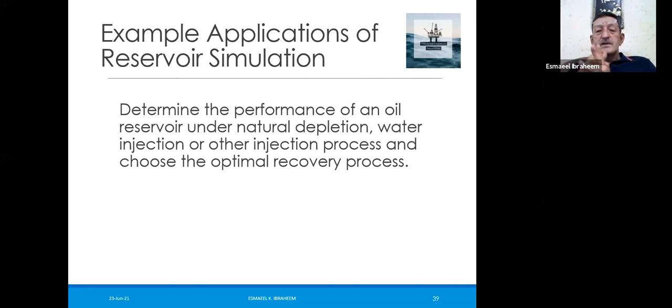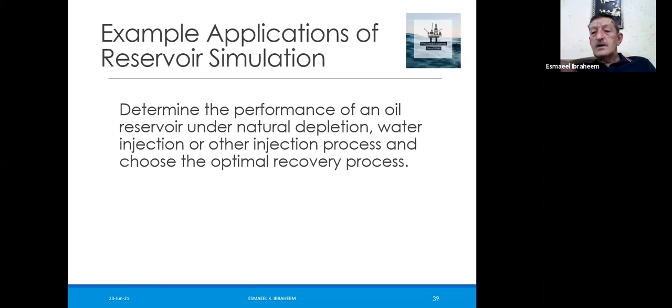Example applications of reservoir simulation. Determine the performance of an oil reservoir under natural depletion, water injection, or other injection processes, and choose the optimal recovery process.